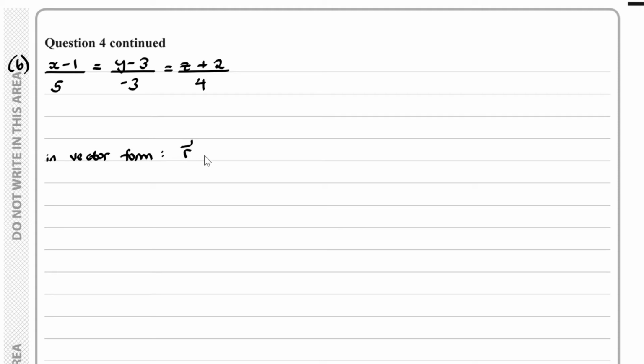We have r equals, well, here we take the opposite sign of what's after the variables x, y and z, so here we've got 1, 3, minus 2, plus some parameter t, lots of whatever is on the bottom, 5, minus 3, 4.